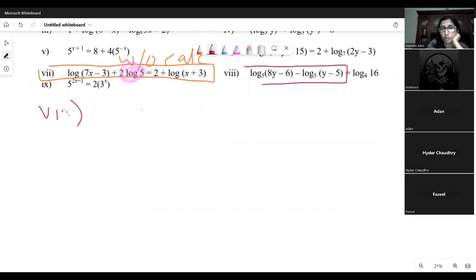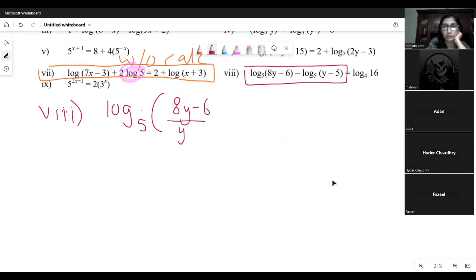So we're going to use the log property. They're being subtracted, so we divide them by taking log common. Question 8: log base 5 of (8y minus 6) divided by (y minus 5) equals log base 4 of 16.